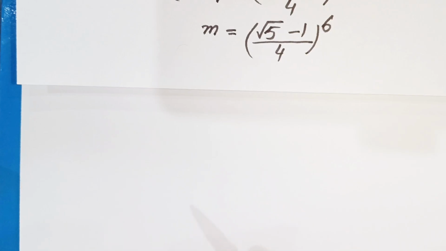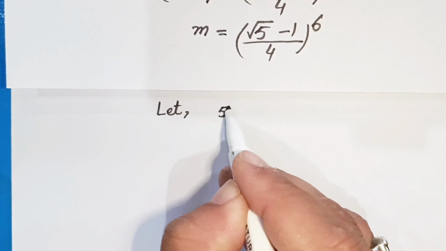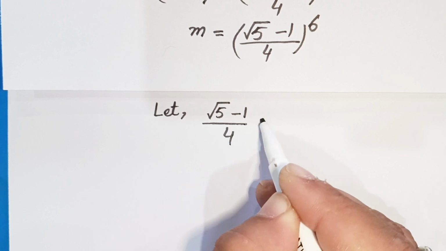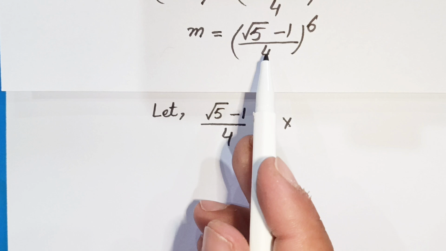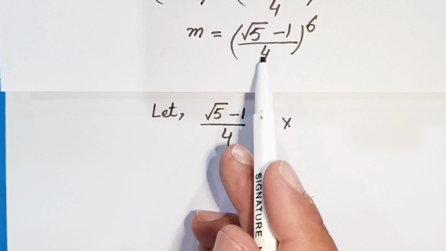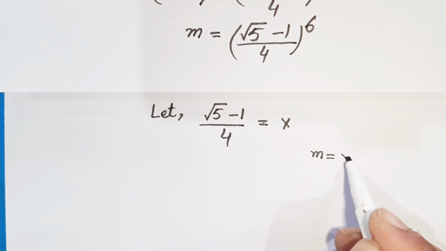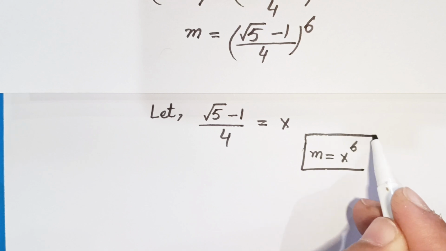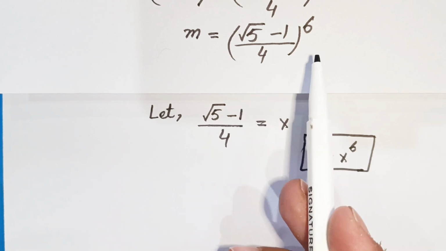Now here we are going to just put, let this square root of 5 minus 1 all over 4 be equal to x. So if it is equal to x, then m is equal to x to the power 6. We just note down this equation because we will use it in our steps here. So m is equal to x to the power 6.